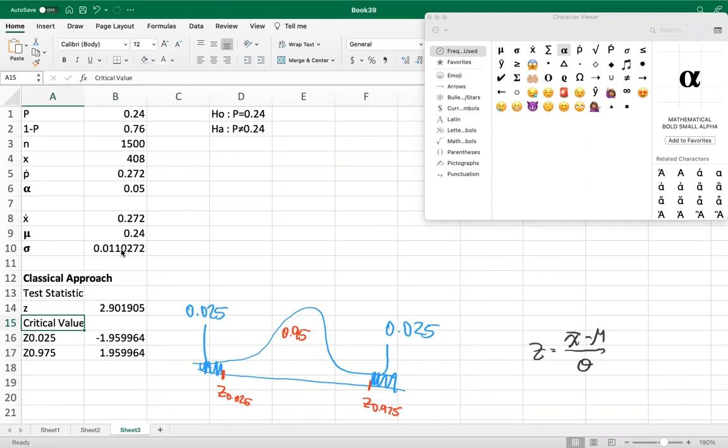That gives 2.9. Looking at this value, if this one is a negative 1.96 and this one is a positive 1.96, this value of 2.9 is going to be way over here. So clearly in the rejection region.